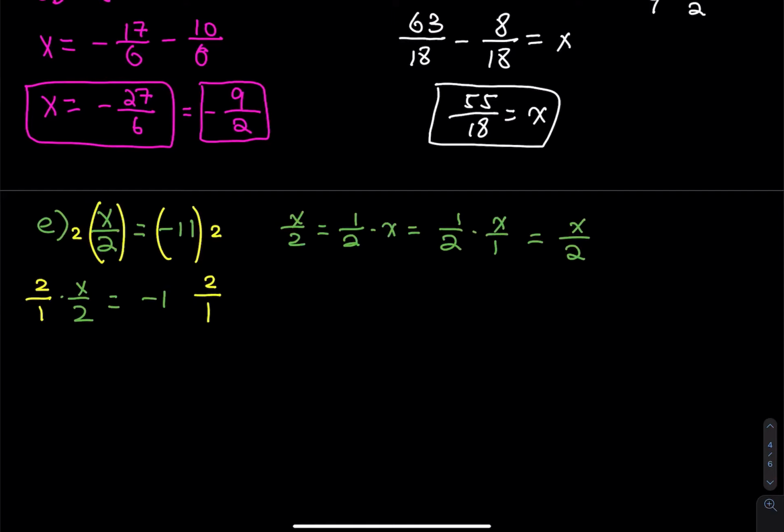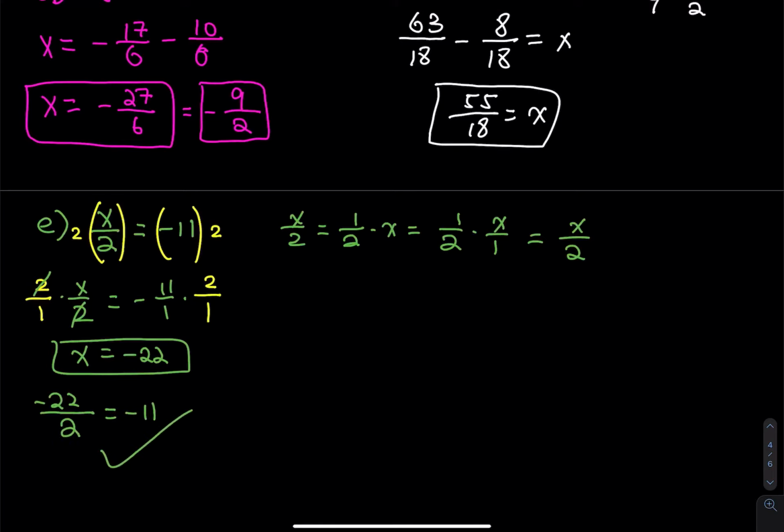Negative 11 is the same thing as negative 11 over 1. So this 2 and this 2 got cancelled, so we have x equals negative 22. How do I know this is correct? Plug it in. Negative 22 divided by 2, then you get your negative 11. So I know my solution is absolutely right.